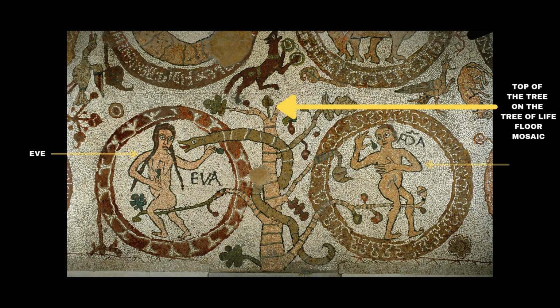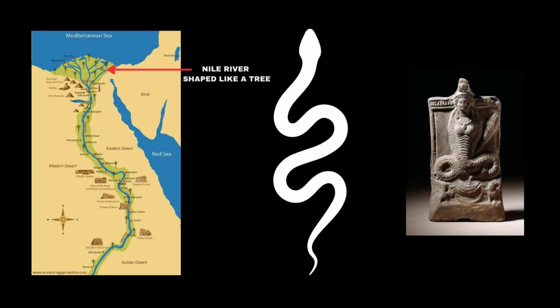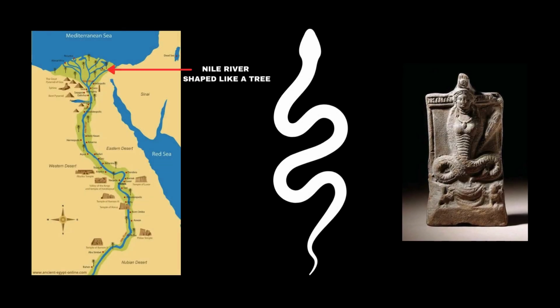Back at the presbyter, on the mosaic of 16 vices and virtues of men, there was a depiction of Adam and Eve, with the tree and the serpent. Regarding the serpent, the tree of life is often displayed with a serpent on it. Egypt was referred to as the land of the tree and the serpent.